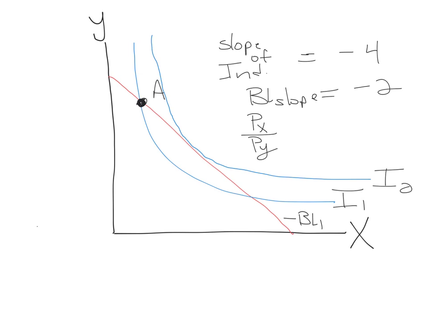The slope of this red line, or the budget line, is always going to be the ratio of the prices, Px over Py. So what I'm saying here is that when the consumer maximizes happiness at this point B, the slope of the budget line, which is the ratio of the prices, is going to be the same as the slope of the indifference curve, which, remember, is the value of X, or the rate at which the consumer is willing to trade one good for the other.